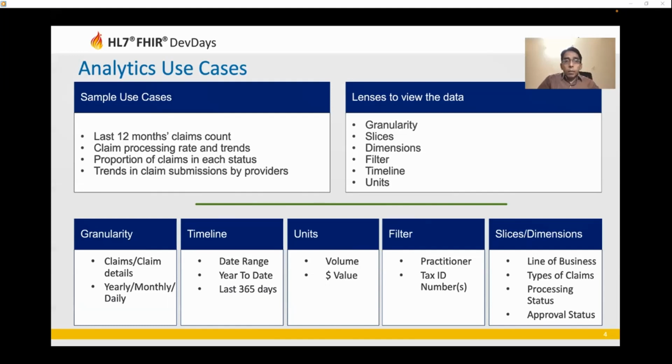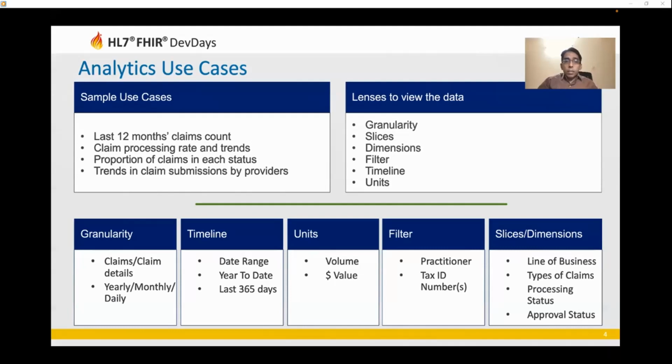Maybe I'm just looking for one particular practitioner or organization who submitted those claims. I take out those claims, filter them, and then slice them based on line of business or processing status or approval status. So different lenses or transformations get applied when we look at the analytical data.